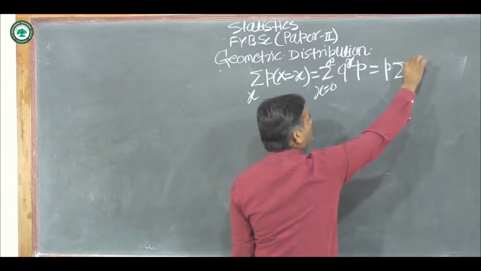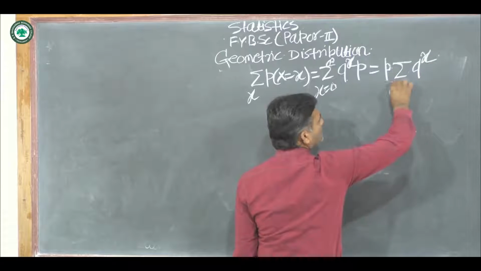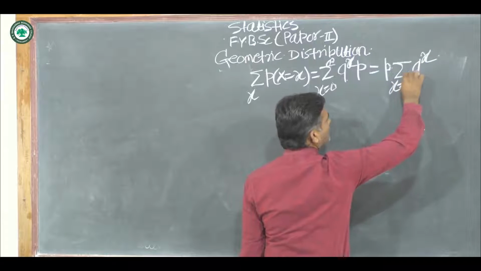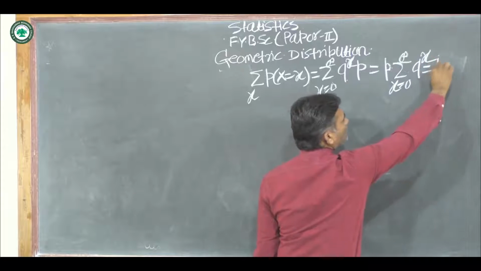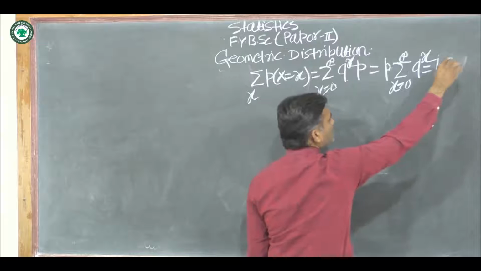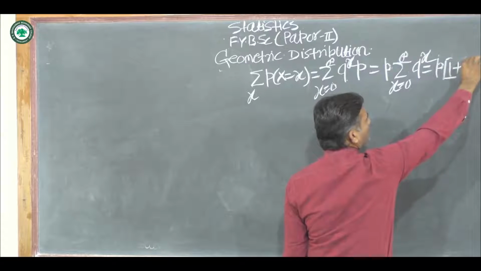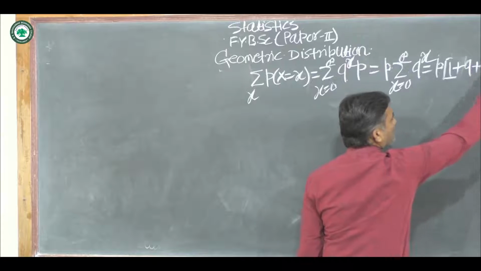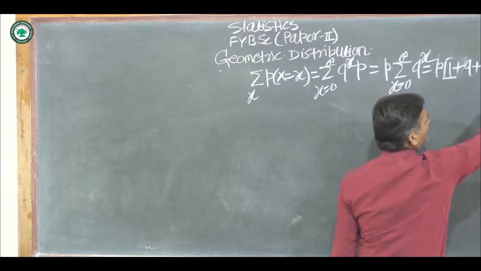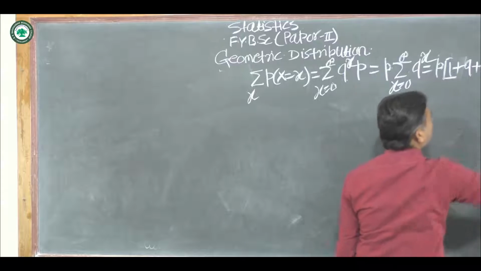Then summation of q raised to x, x running from 0 to infinity, gives p into in bracket, put x equal to 0, then we have 1 plus q plus q square plus q cube plus and so on, bracket complete.